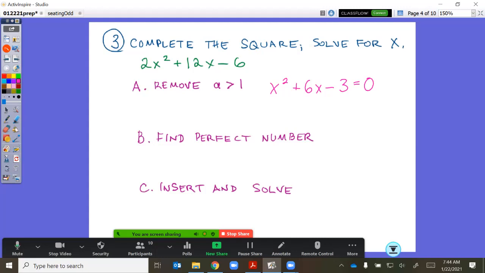Do you know how to find the perfect number? The formula is b divided by 2, squared. So that's 6 divided by 2, squared, which is 3 squared, which is 9. My perfect number is 9.